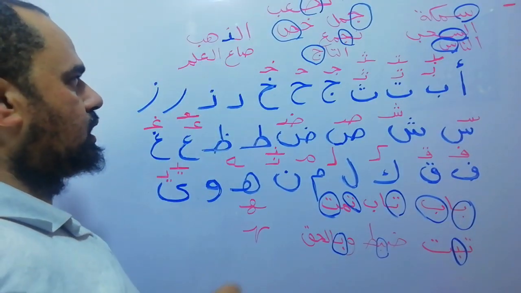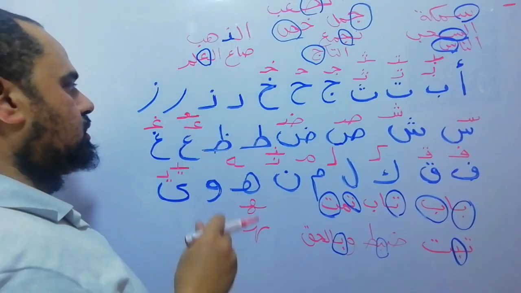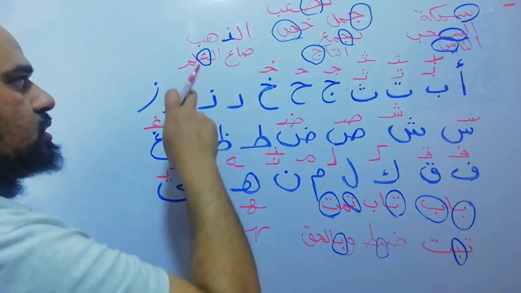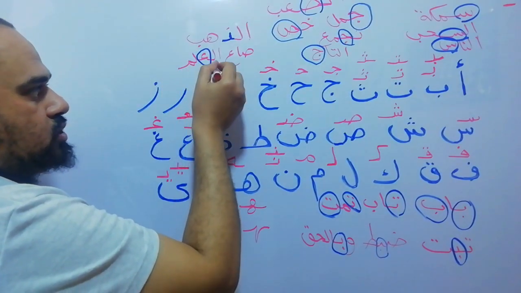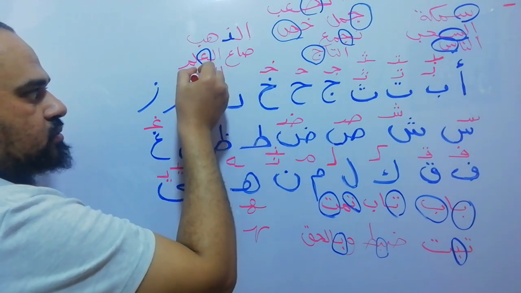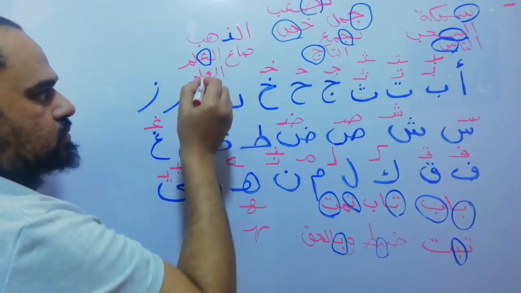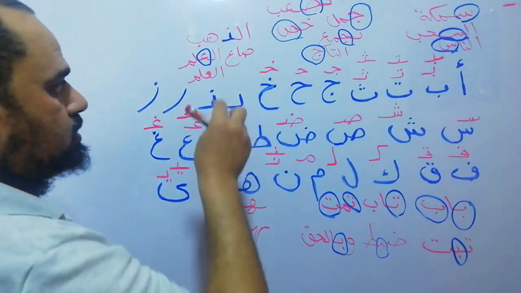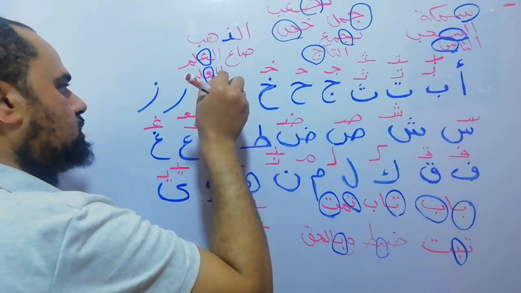Now look at al-ayn. We can write the same word but with some difference with al-ayn, like that. It can be written this way. It may be written this way.